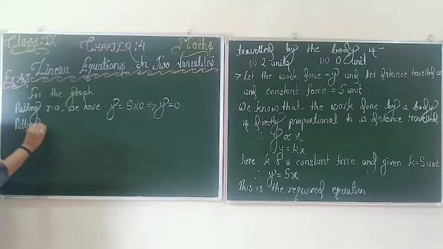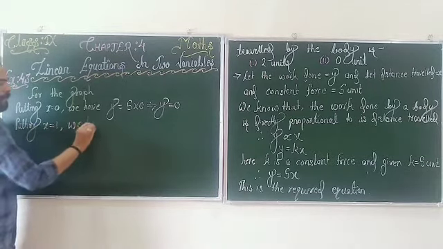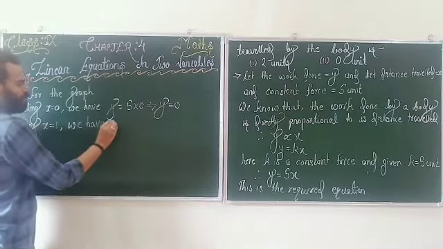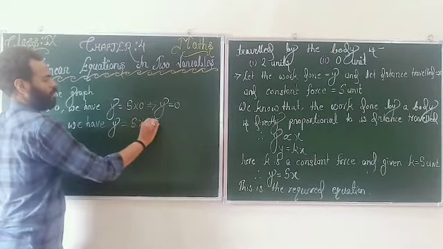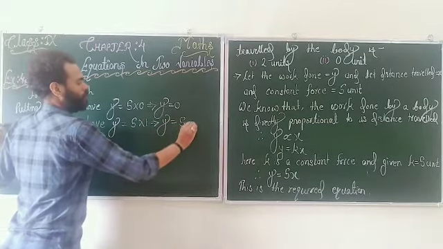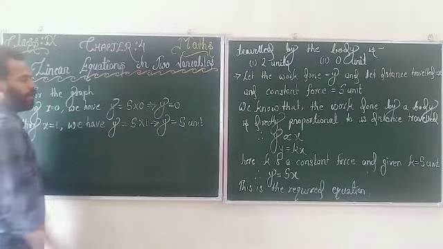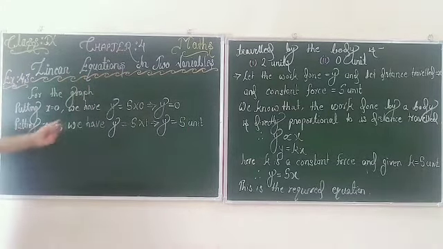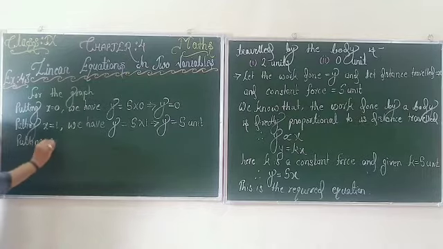Putting x equal to 1, if the body travels 1 unit distance, how much work is done? That is y is equal to 5 into 1, 5 unit. If the work done is 5 units, it travels a distance of 1 unit.